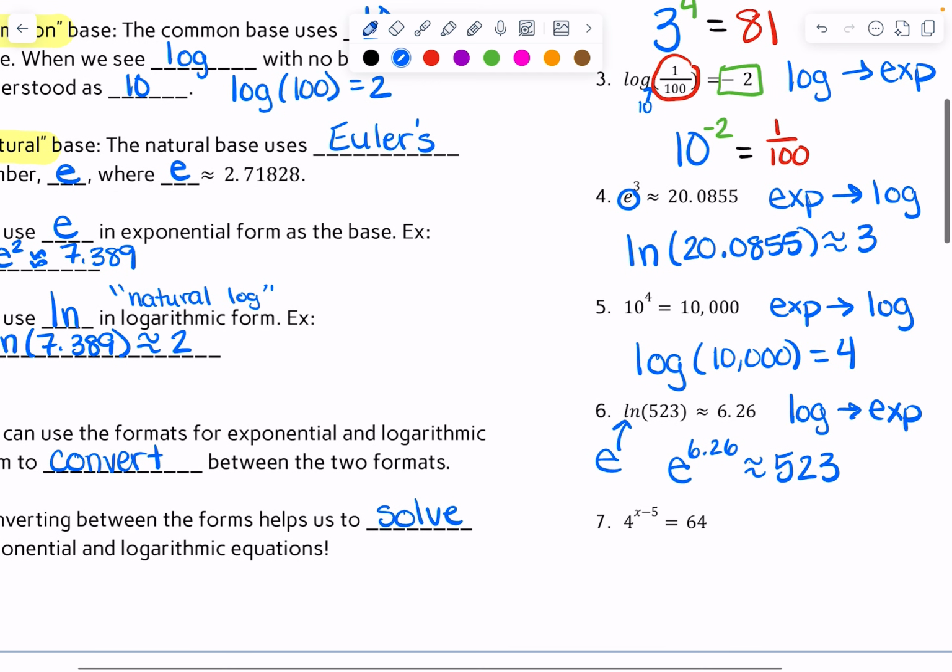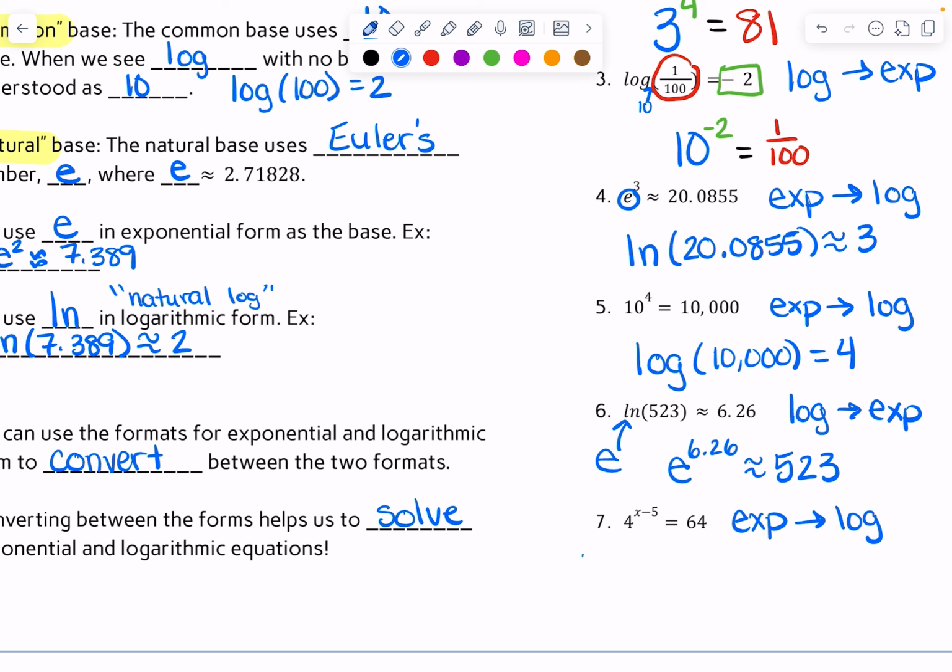One more example here, and this one does have a variable in the exponent, but that's okay. We're starting from exponential form and we're going to logarithmic. By converting to logarithmic form, this would make it possible for me to solve this equation for x.